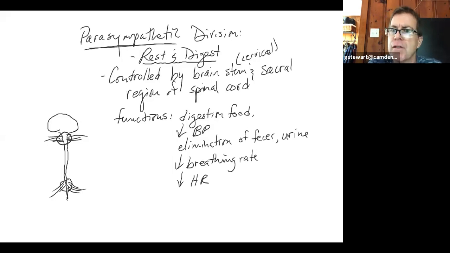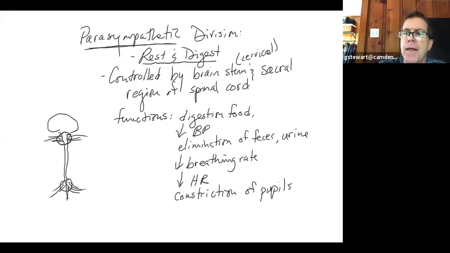So we get decrease of heart rate, constriction of pupils of the eye, and then I'm just going to put plus genital functions. So there's a main short list of what they do. Now we're going to compare that to sympathetic on the next page.